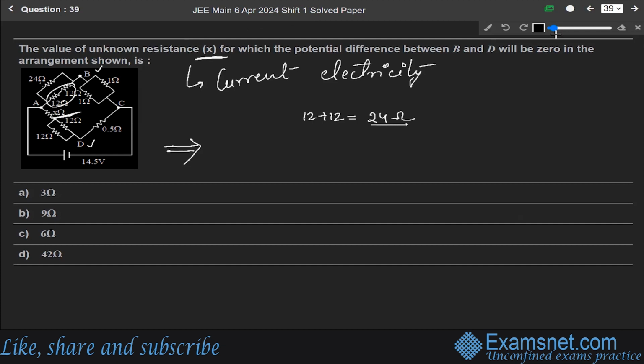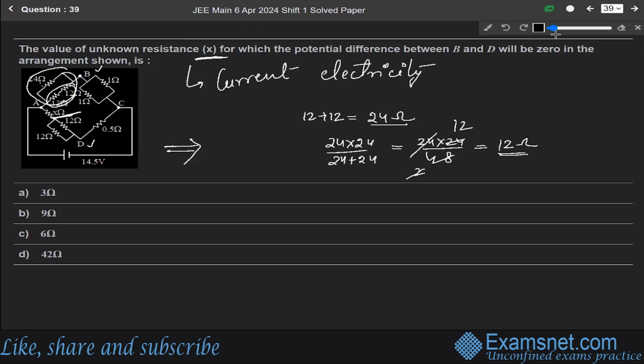For parallel, they will be 24 into 24 over 24 plus 24, which is 24 into 24 over 48. 24, 2 twos are 48, so they form 12 ohm. So this will be 12 ohm.